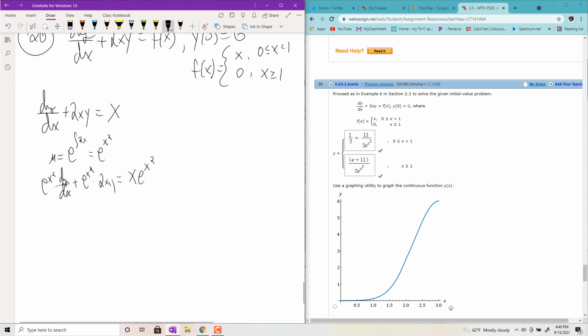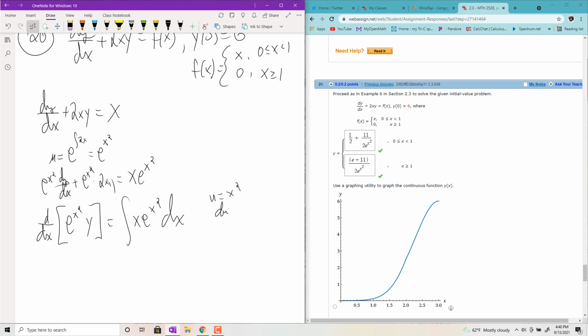Collapse that left-hand side. And integrate the right-hand side. We could do a u sub on that. So u is x squared, du is 2x dx. In other words, dx is du all over 2x.